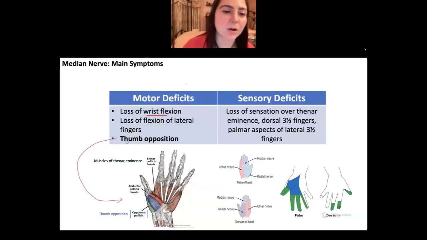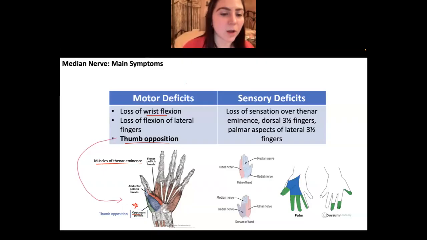Okay. And then also this does thumb opposition. So these are the muscles of the thenar eminence: the flexor pollicis brevis, the abductor pollicis brevis, and the opponens pollicis. The median nerve only innervates this one, the opponens.